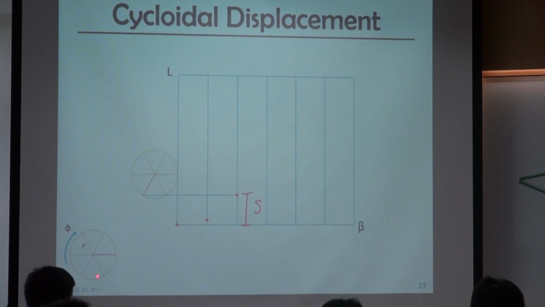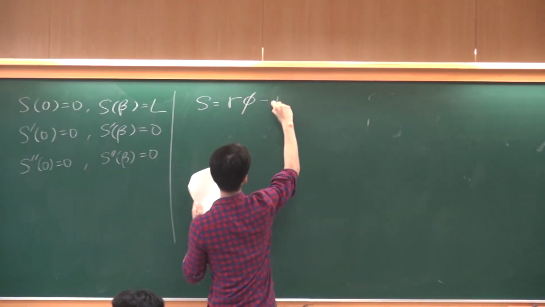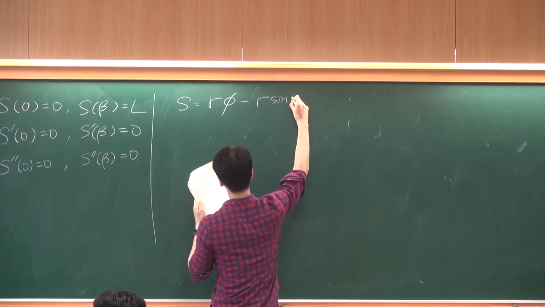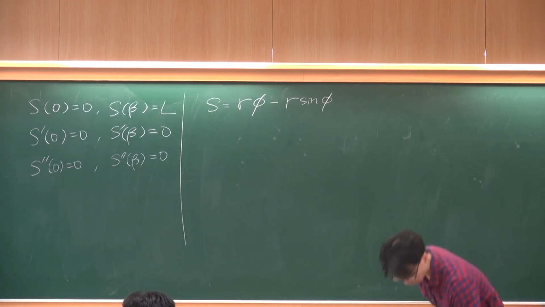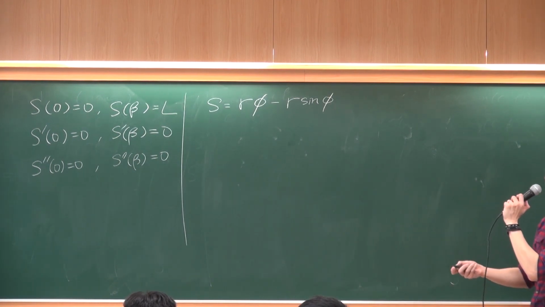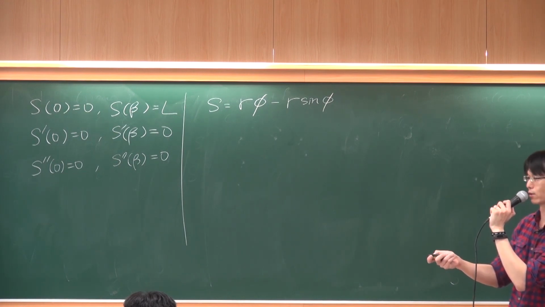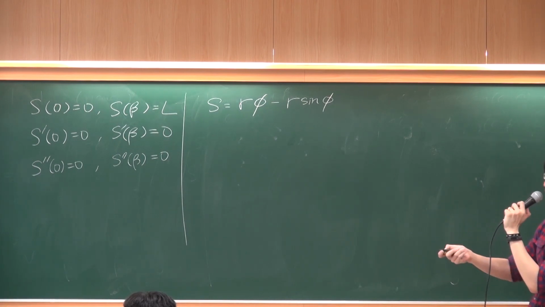If I know the R, I know the phi, how can I determine the S? It's actually not difficult. So right now I'm using the coordinate of this small circle instead of our original coordinate to determine S.